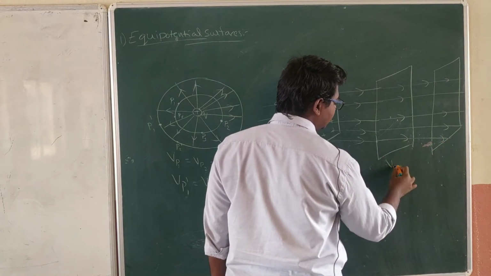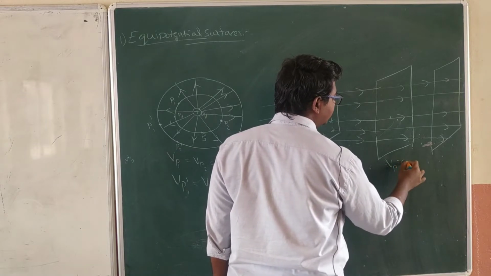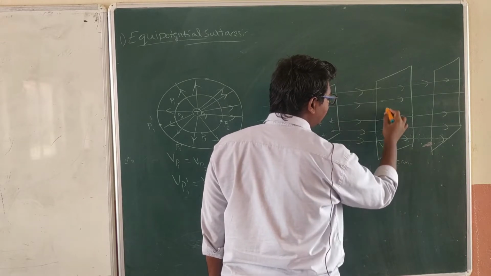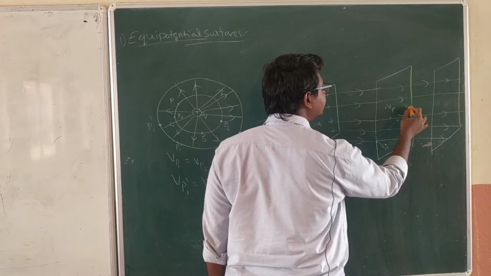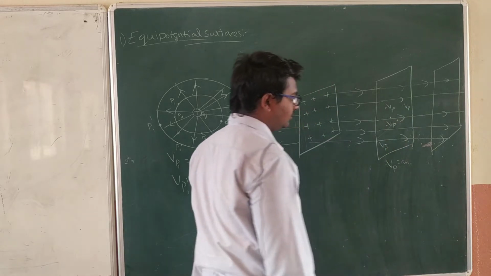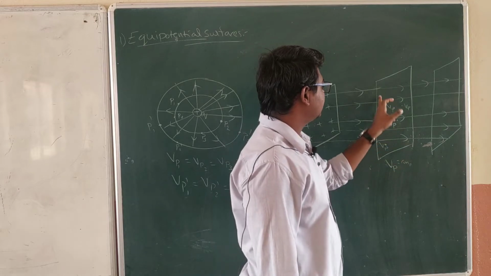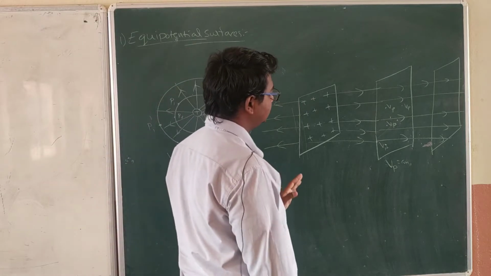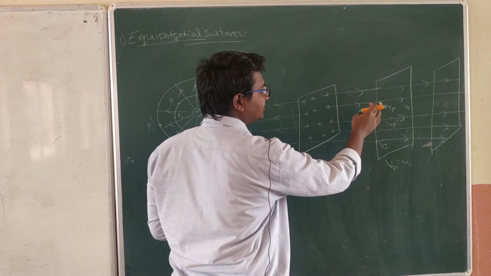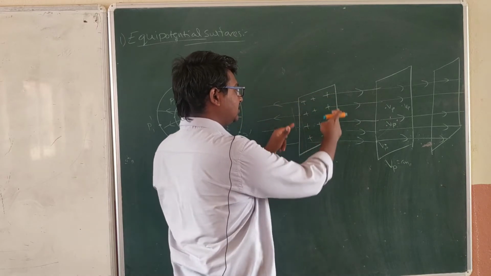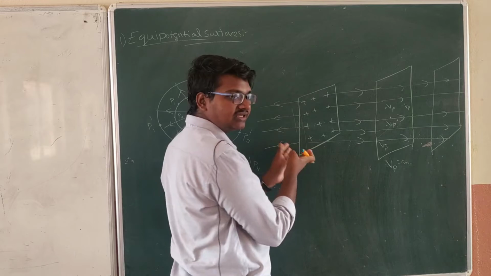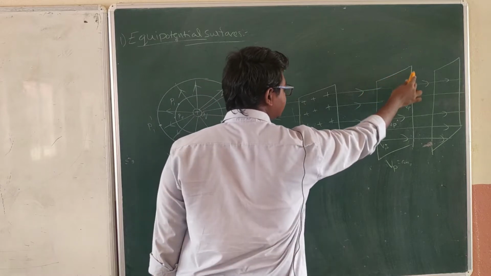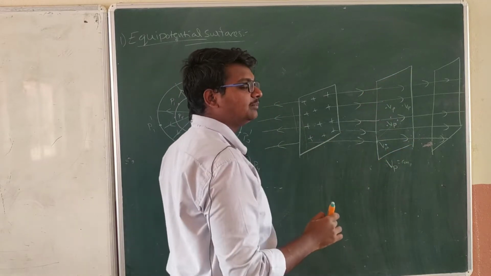Here Vp is constant, meaning at this point potential will be Vp, at this point Vp, at this point Vp only. Everywhere on this surface, if you check the potential, it will be the same. One particular thing we have to remember is that the surface we take should be parallel to the initial plate, the source surface. This plate and whatever surface we have taken should be parallel to each other.